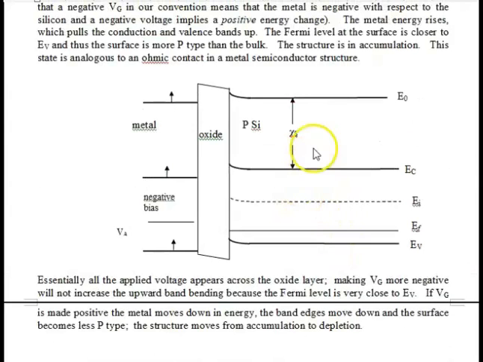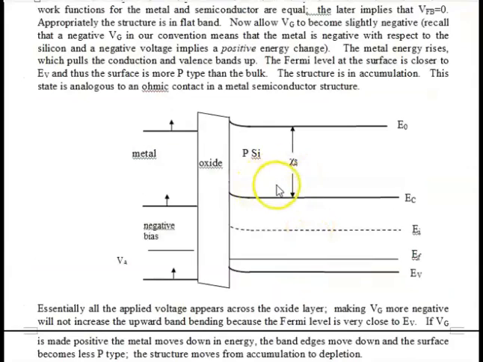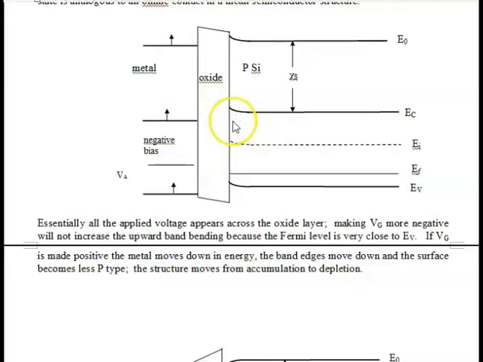And you say, well, this looks pretty similar, except the bands bend up here and the bands bend down here. How do I know this is accumulation? And how do I know this is depletion? Because here, the surface right at the oxide silicon interface is more P than in the bulk. Why? Because the Fermi level is actually closer to the valence band. Here this distance is 0.42 eV, and this distance from here to here is about 0.56. So whatever that difference is, I don't know, 0.18 or something, it's closer here.